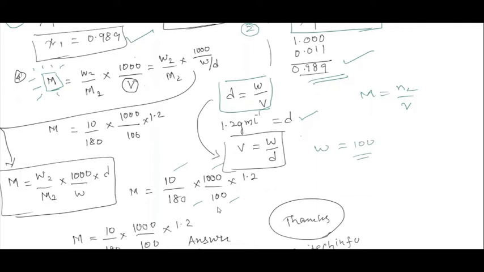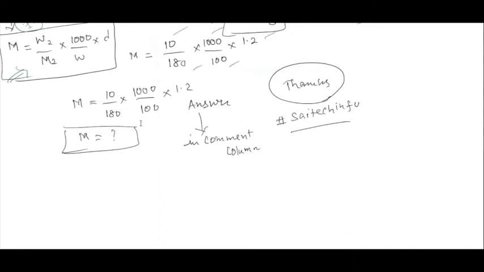You can replace this, so this is W by D. Or you can have one more equation, W2 by M2 into 1000 divided by, in terms of density you can bring it like this, that is W by D. So again you can convert, M is equal to another equation in terms of density: W2 by M2 into 1000 divided by W into density, reciprocated. So you can apply straight away this equation, remember.